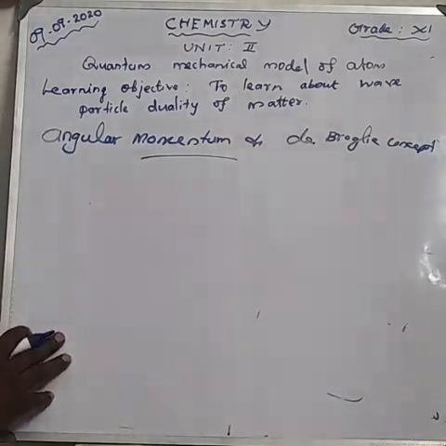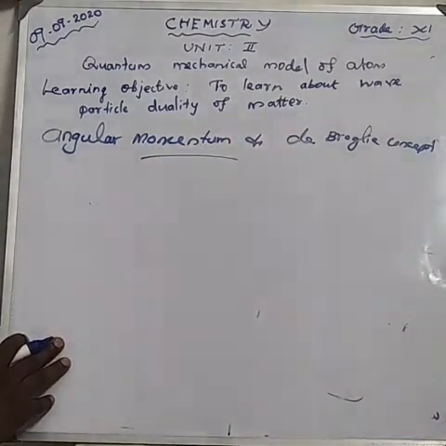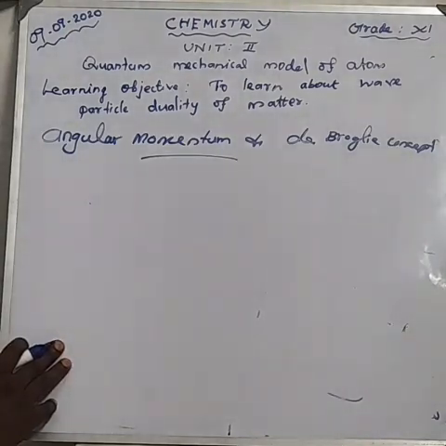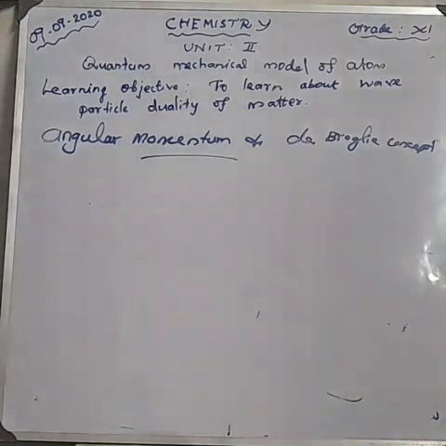According to the de Broglie concept, the electrons revolving around the nucleus exhibit both particle and wave character. They have both wave character and particle character.